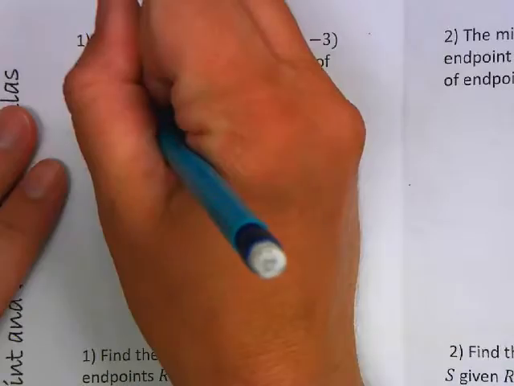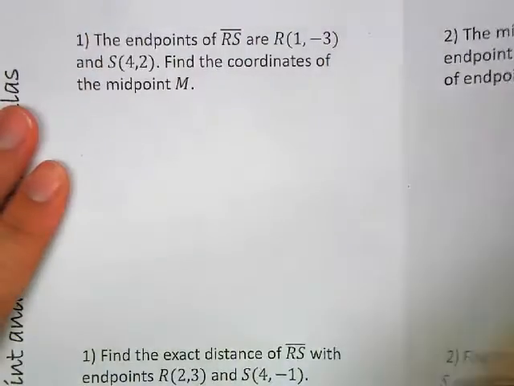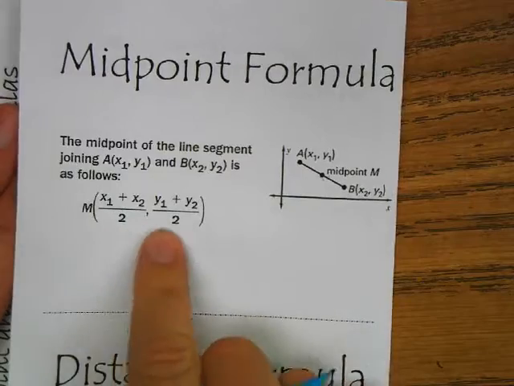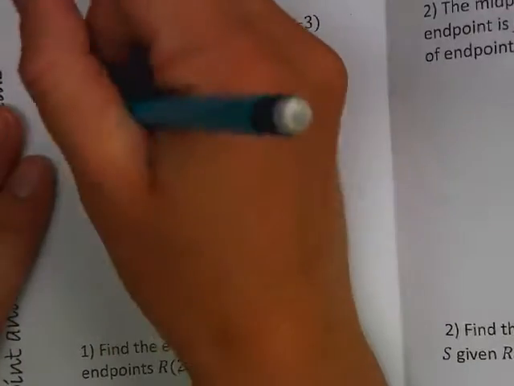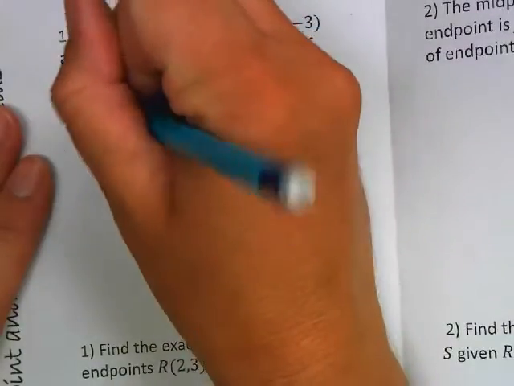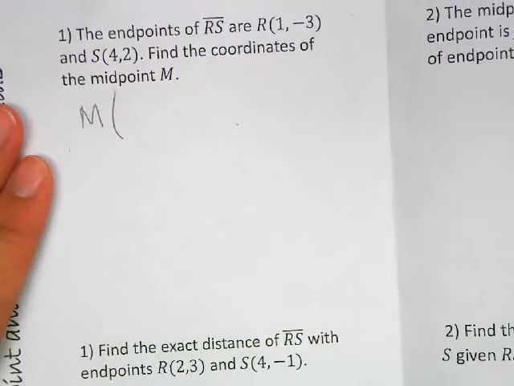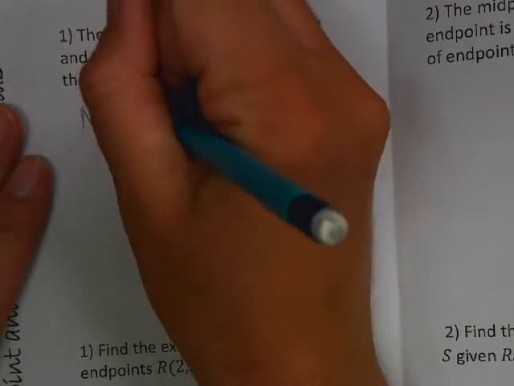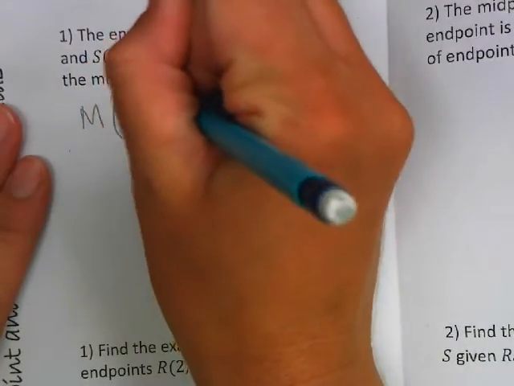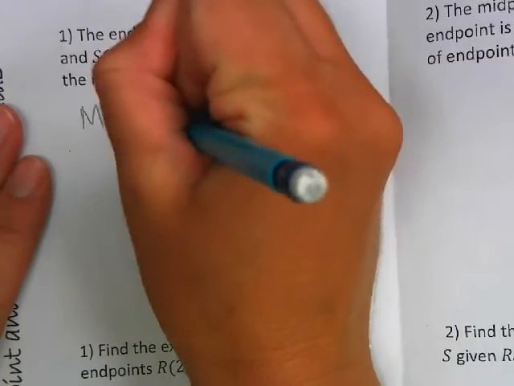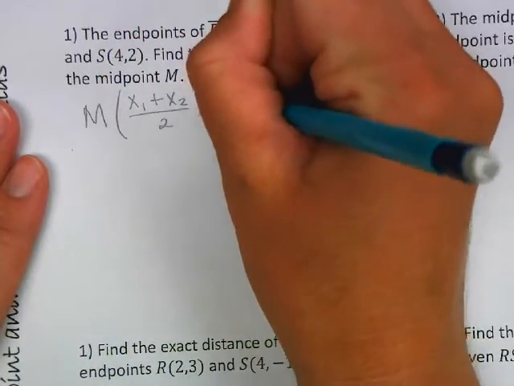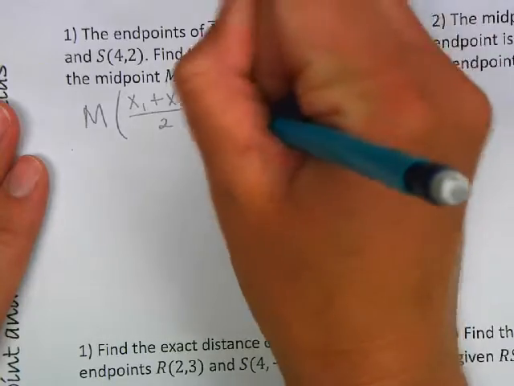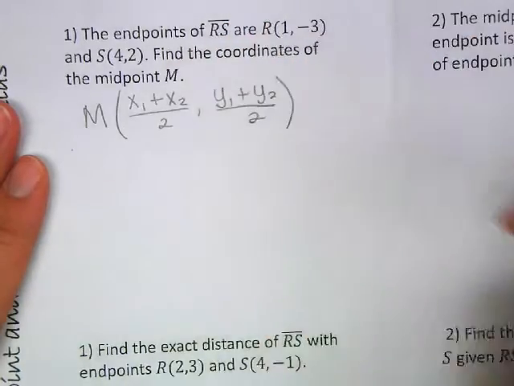So if you want to copy the formula first, this is the formula that you're going to use for number 1. So the coordinates of the midpoint, you're going to have x1 plus x2 divided by 2, comma, y1 plus y2 divided by 2.